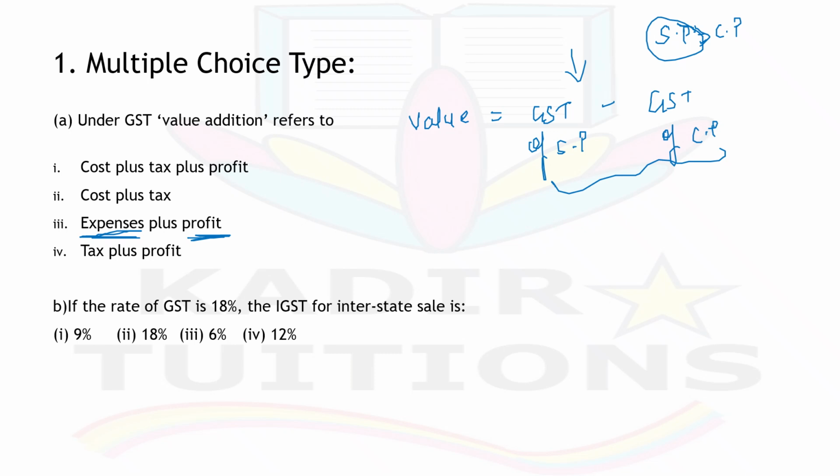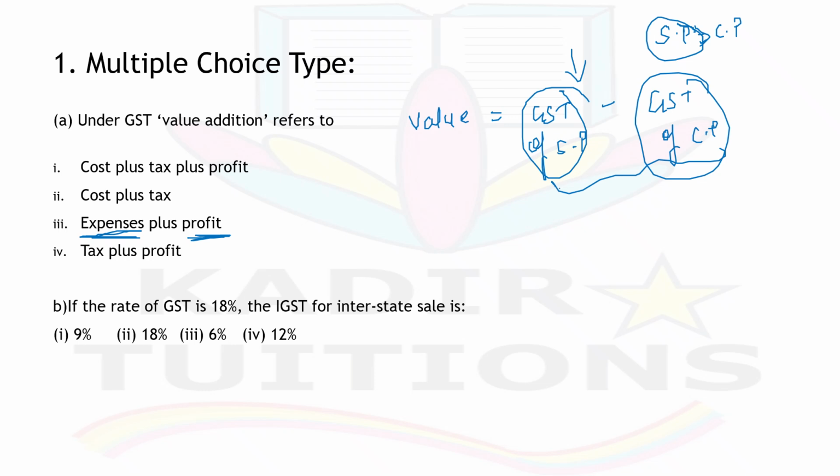Once there is a difference between the selling price and cost price, obviously the value addition will come into the picture. So the GST amount I have collected from my customer is going to be more than the GST I have paid for the same product when I bought it. That is going to be lesser compared to the GST which I am collecting from the customer.